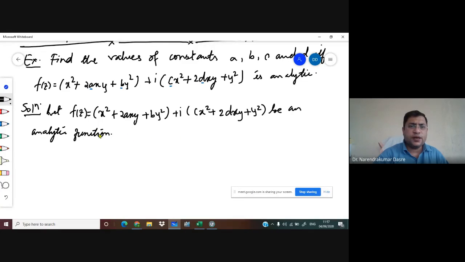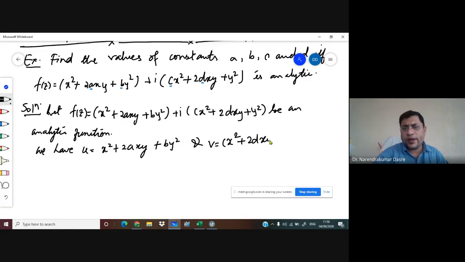Okay, so if this is an analytic function, then we have u equal to x square plus 2axy plus by square, and v is equal to cx square plus 2dxy plus y square. Okay, so this function is analytic. That means definitely it is going to satisfy CR equation.